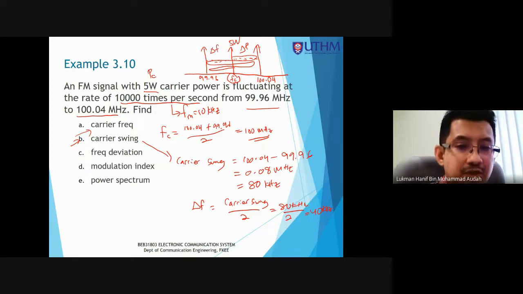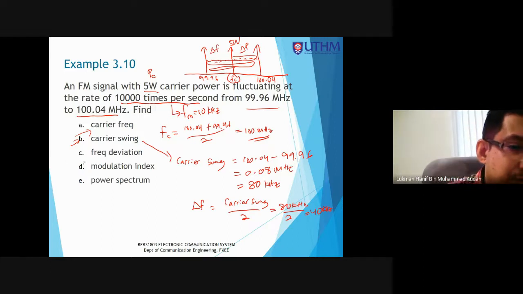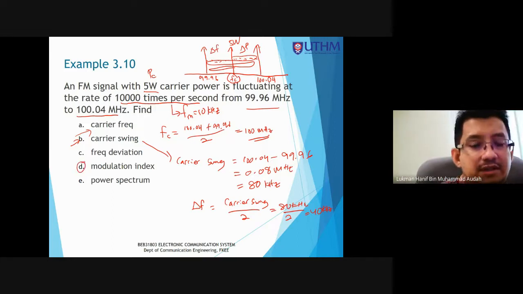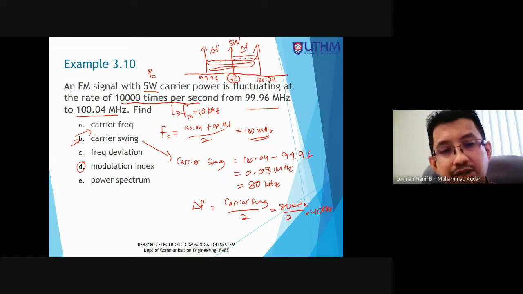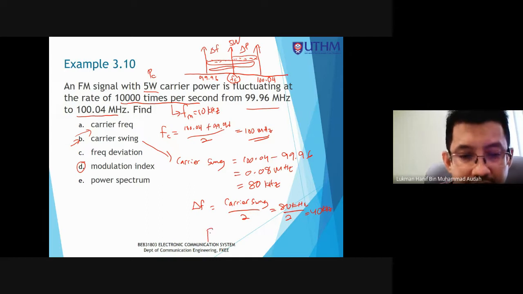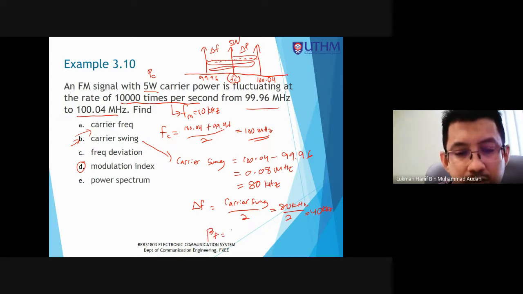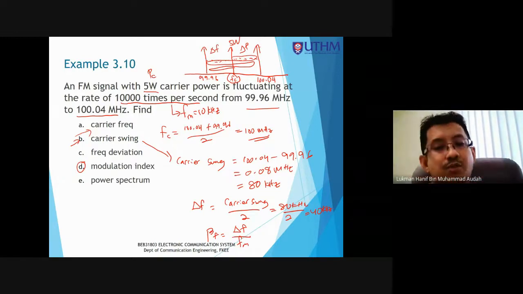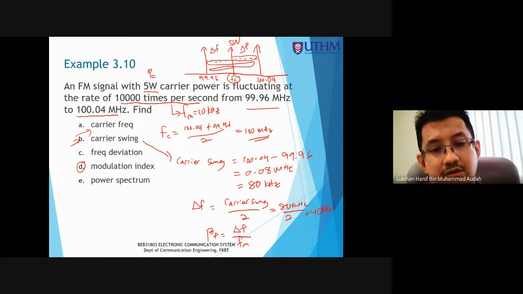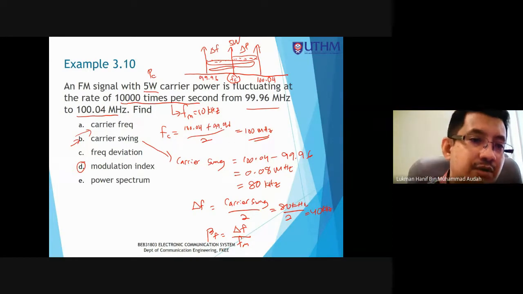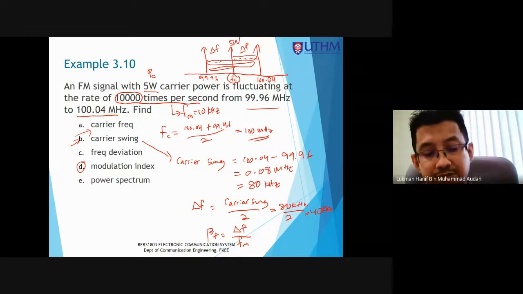Nampak eh? Then what? The question asks modulation index, beta. So beta we can do like this, beta F is equal to delta F over Fm. Because we already know both of these parameters, Fm already known here, the rate of oscillation, 10,000.